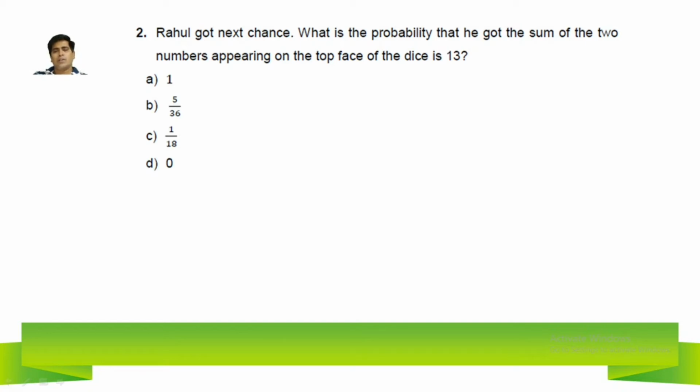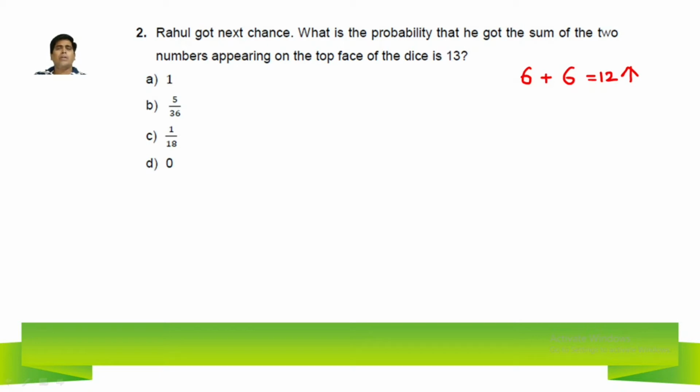Because in each and every die, the highest number we can see on the face is 6. In the other die also it is 6. So 6 plus 6 is a total of 12. So more than 12 we will not get anywhere. Definitely we won't get anywhere. So it is an impossible event.